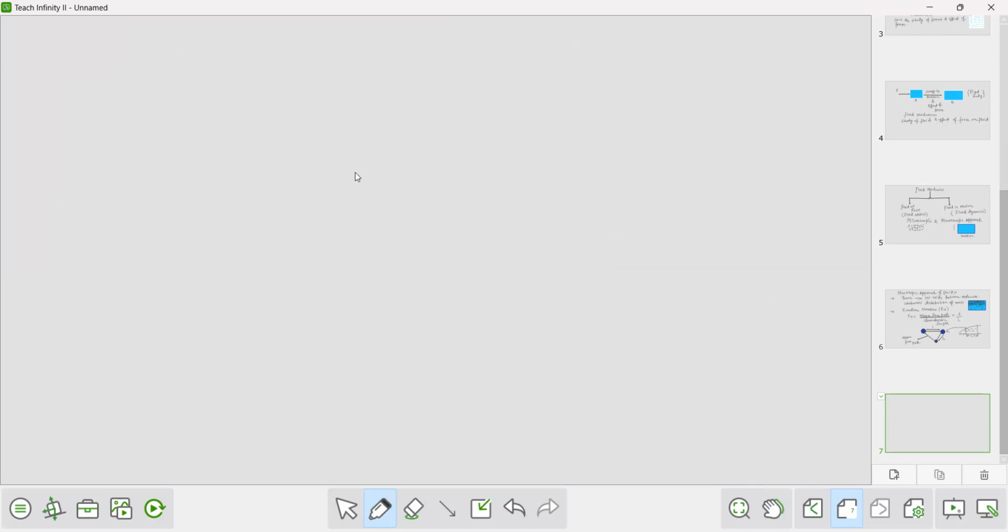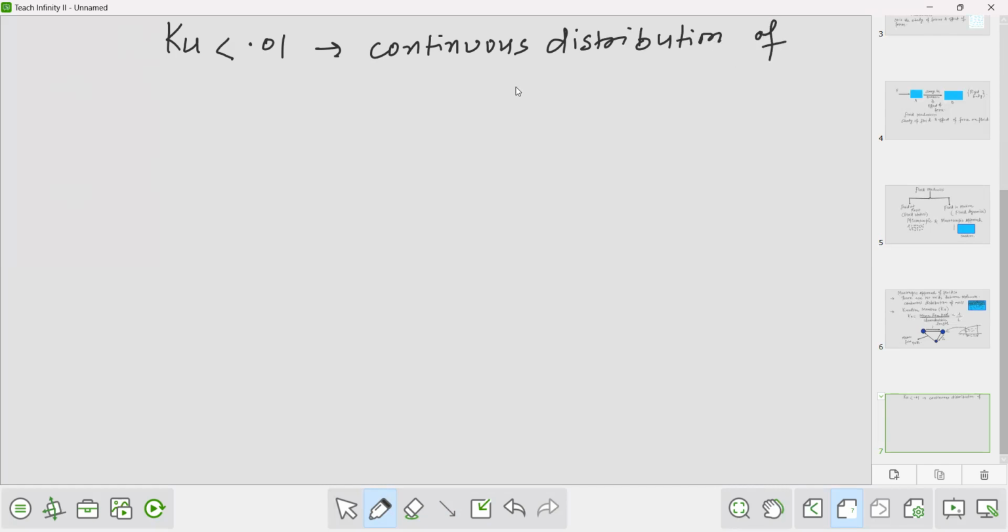Now from this concept, you get that if the Knudsen number is less than 0.01, then there is continuous distribution of mass, which is called continuum.